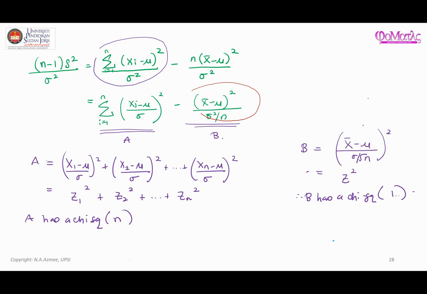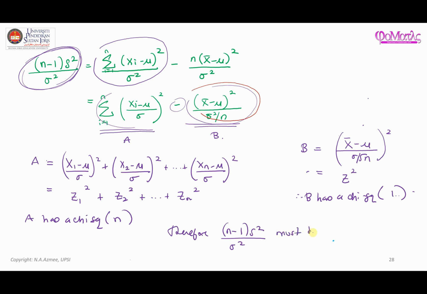Now, here is the process of subtraction, and here is what we're looking for. We're looking to show that this one here has a chi-square distribution with n minus 1 degrees of freedom. Because this one is a chi-square distribution and this one is also a chi-square distribution, n minus 1 s squared over sigma squared must have a chi-square distribution as well.